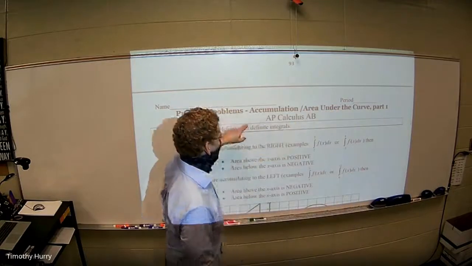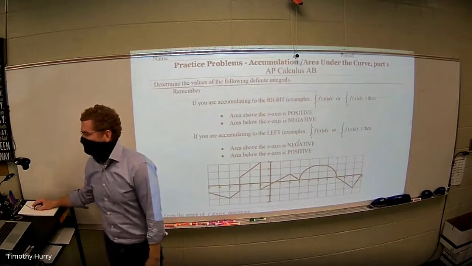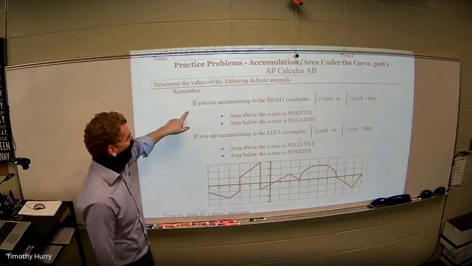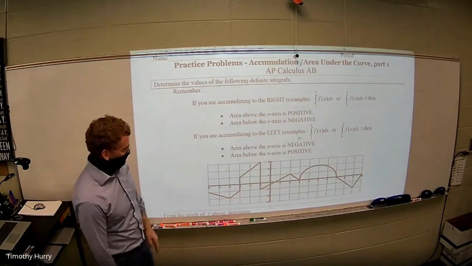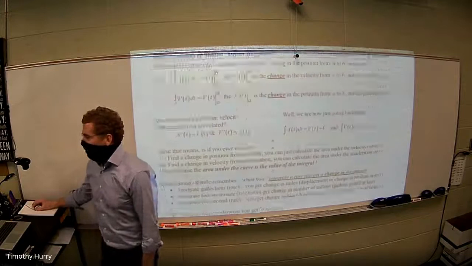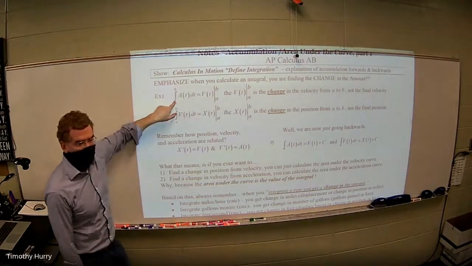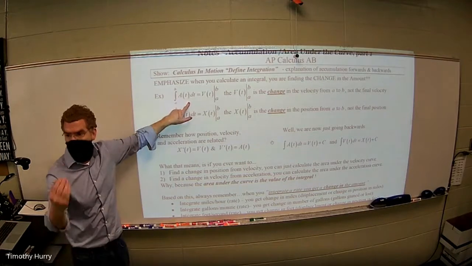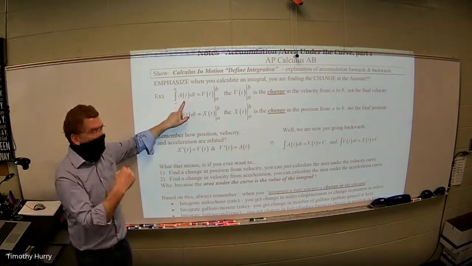I wanted to remind you about that again, and I did it at the top of page 93. Go back to the top of 93. When I am integrating from a to b, and I integrate a rate, like acceleration is a rate at which velocity is changing, when I integrate acceleration, what am I getting?